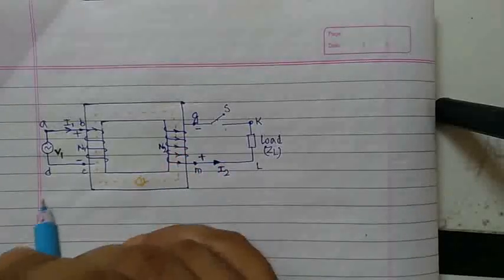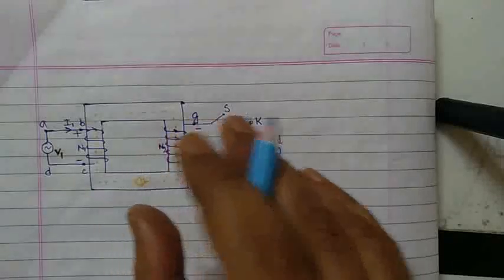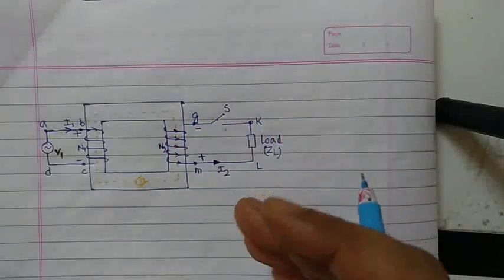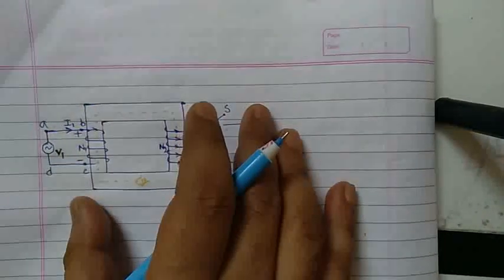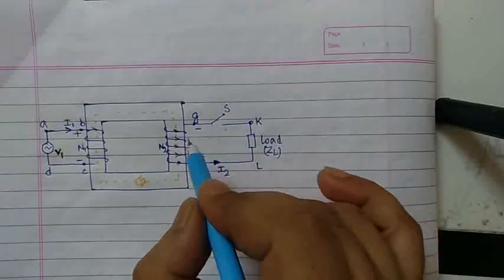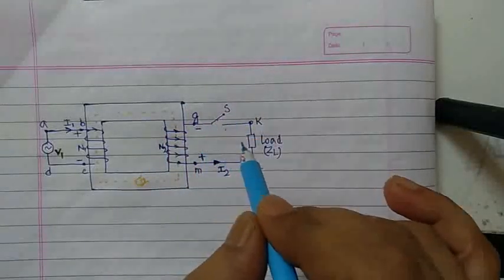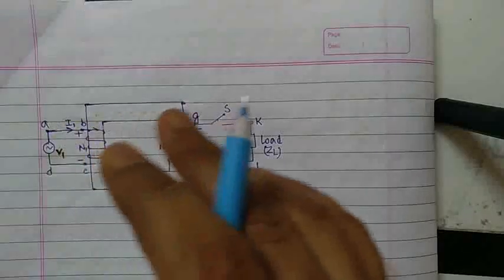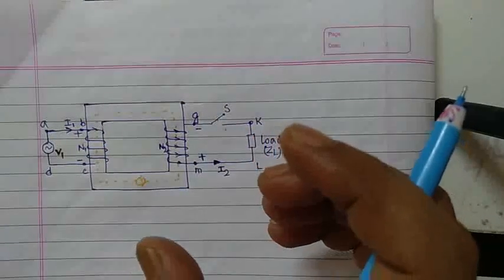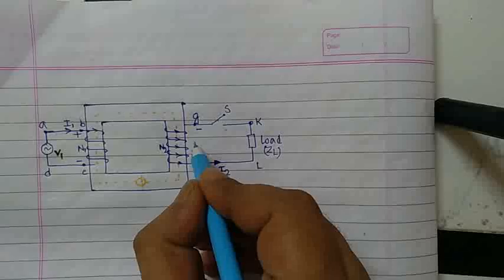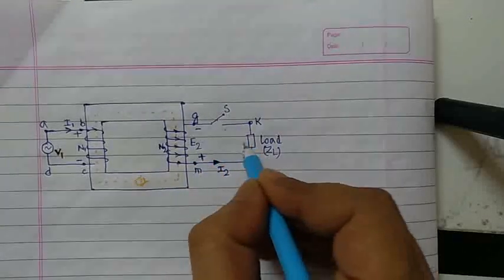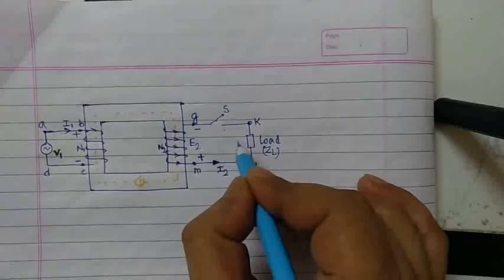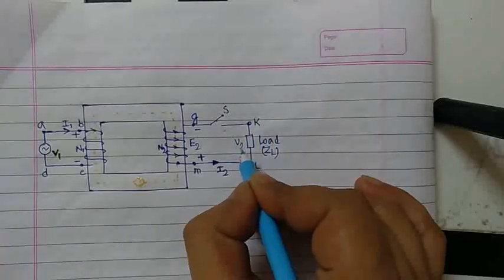Since the secondary resistance is 0, we are working with an ideal transformer. If the secondary winding resistance is 0, then the induced voltage in the secondary, E2, is equal to the voltage across the load, V2.